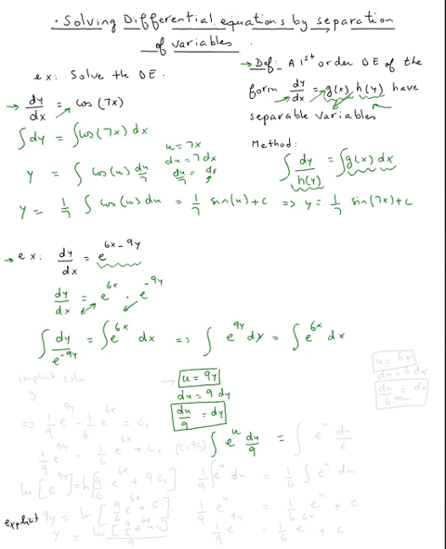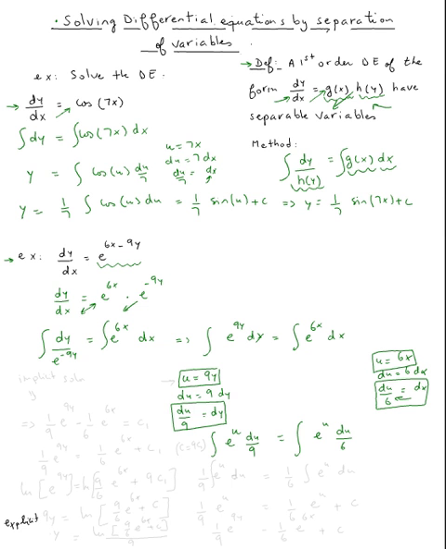Now same thing for the right side. I'm going to put u equal to 6x. So du will be 6 dx. Solving for dx will be du over 6. So this will be e to the u, and dx is du over 6.